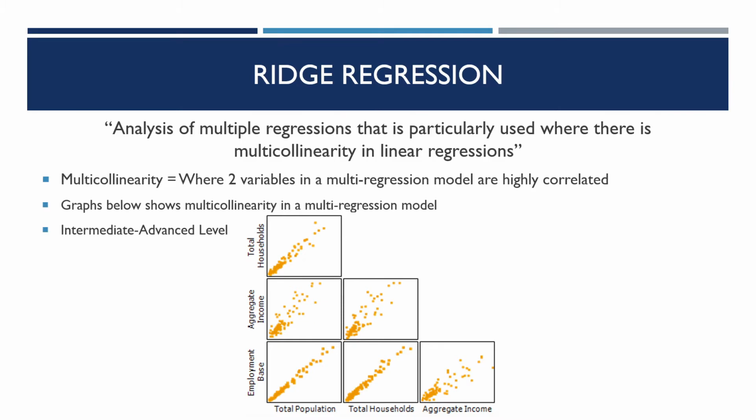And these 2 variables show what we call multicollinearity. They are highly correlated with each other. This is an intermediate and advanced, bordering on probably advanced technique. So as mentioned right at the beginning, I'm only going to do a really high level view of what they are. However, my main focus will be on linear regression, polynomial regression, and logistic regression.